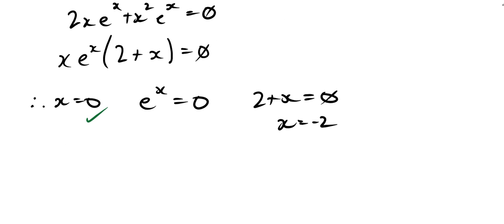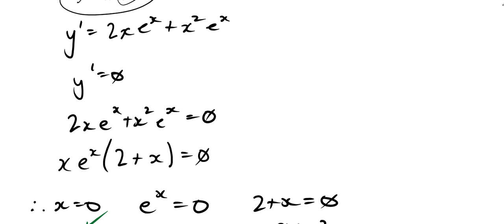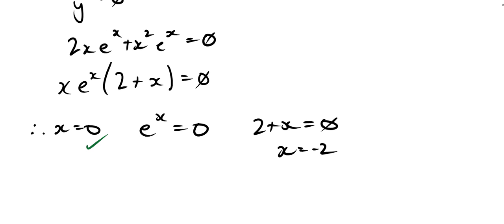And negative 2, what about that? Yeah, it'll work if I plug it in. What about this, though? This one's good too. This guy, that's like the output of the e to the x function, or of an exponential function. When will the graph of e to the x ever equal 0?